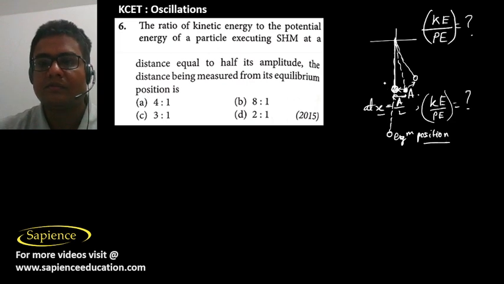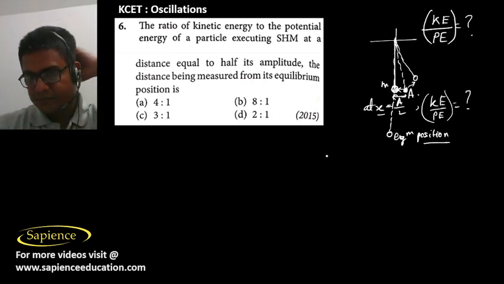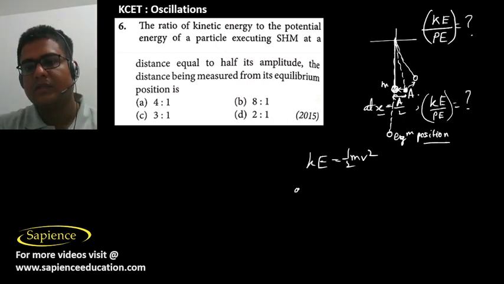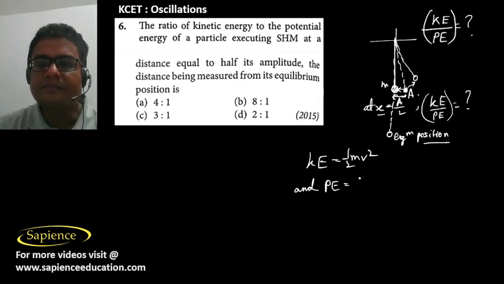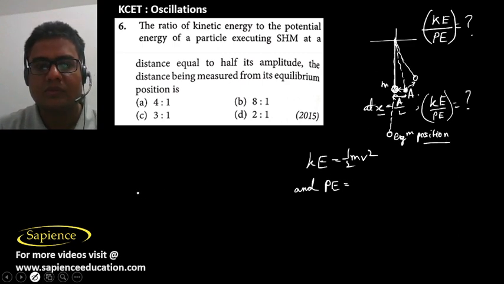So let's say the mass of the bob is m. So we know that the kinetic energy is obviously half mv square, and the potential energy is... Instead of taking this kind of system, we can also take a spring mass system.